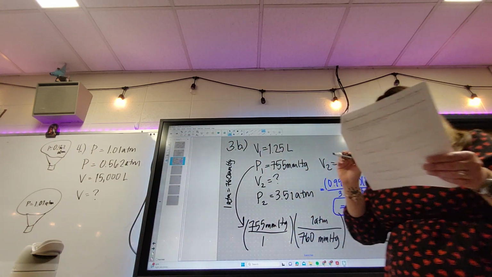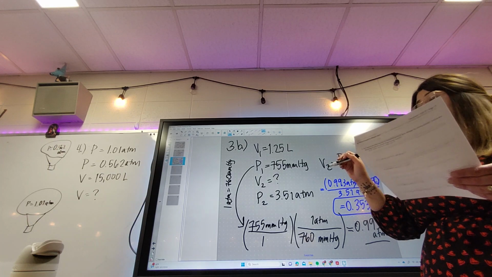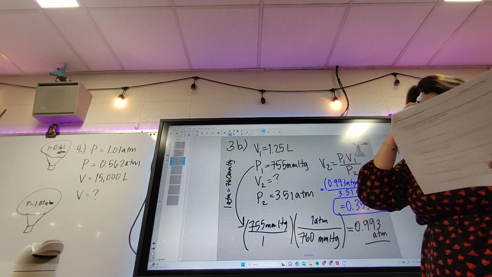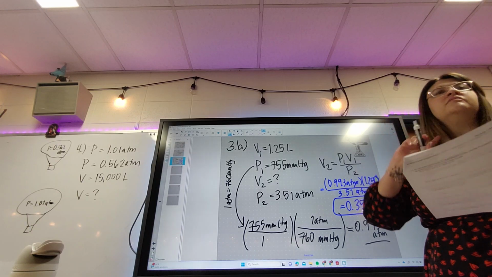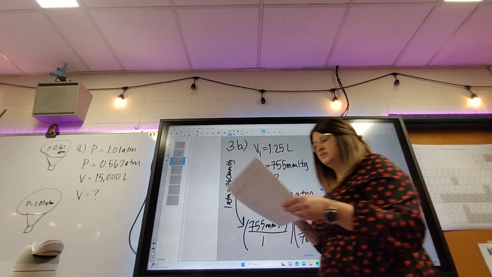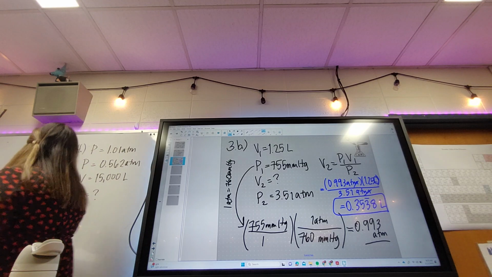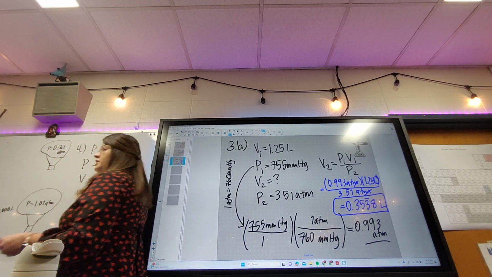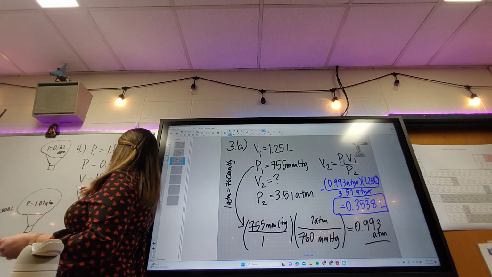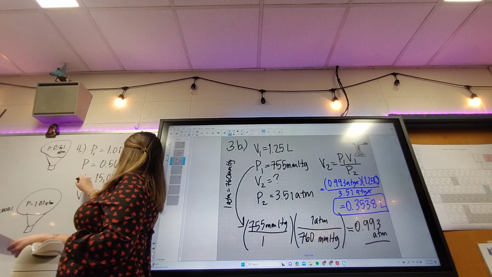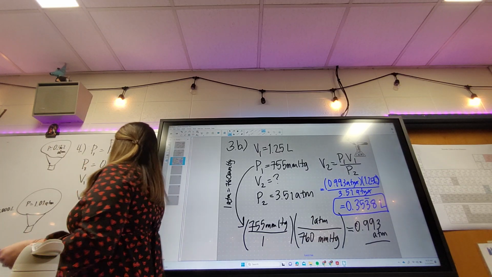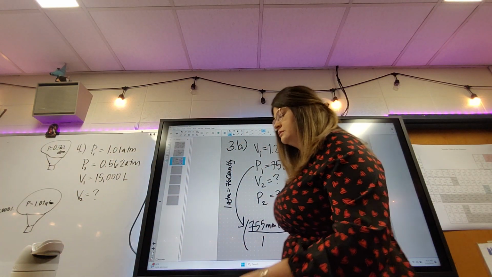Okay, so which of the 2 balloons does the 15,000 liters go with? The lower one. So if we want to say that P1 is the 1.01 ATM, that means that V1 is the 15,000, making those other two the V2s.